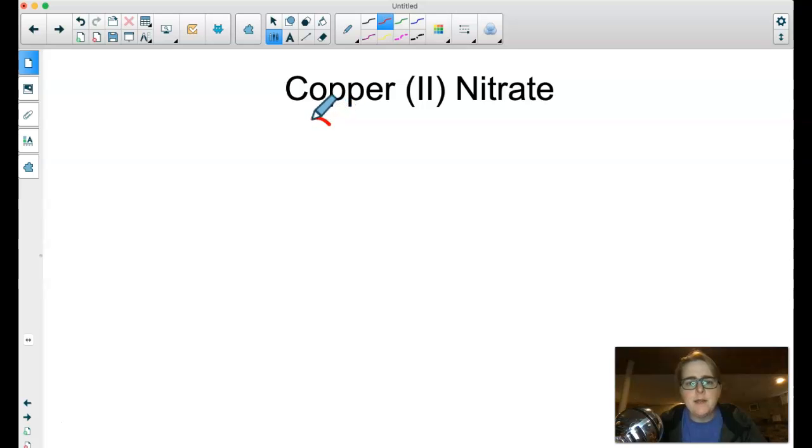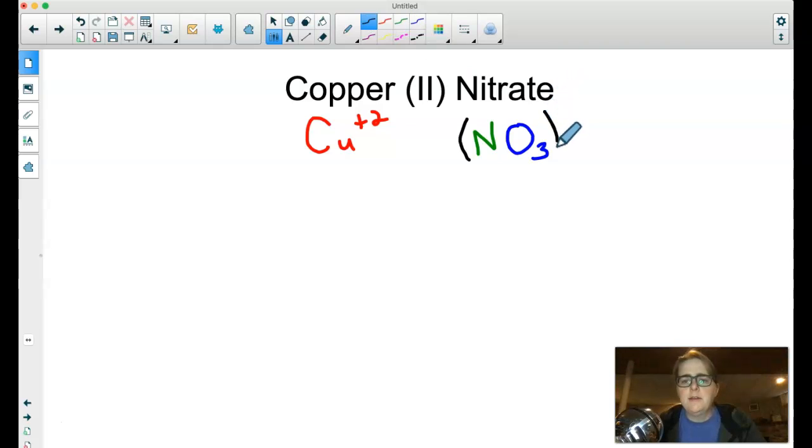So if I look at my trusty formula sheet and I look up copper 2, I see that it's Cu and it has a charge of +2. And then nitrate is NO3. So nitrate is made up of 1 nitrogen and 3 oxygens. And it has a charge of -1.